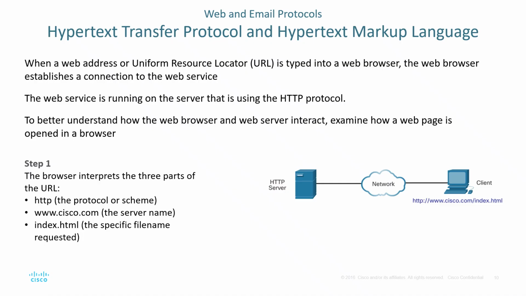It has the server name, which is www.cisco.com, and then it has the specific file name that you are actually requesting. That file name is, in this case, an HTML file, which is hypertext markup language, that has the code to display www.cisco.com. Okay, so that index.html is the specific file name for the web page that will display cisco.com.